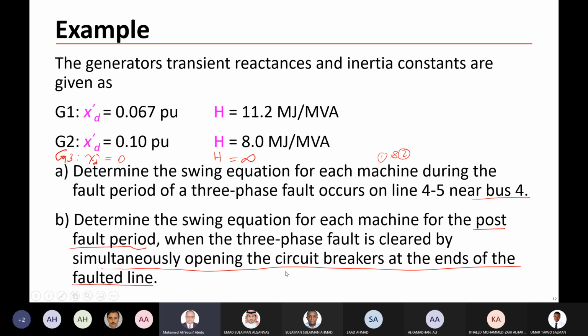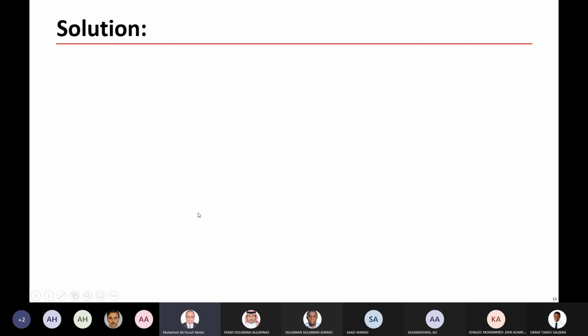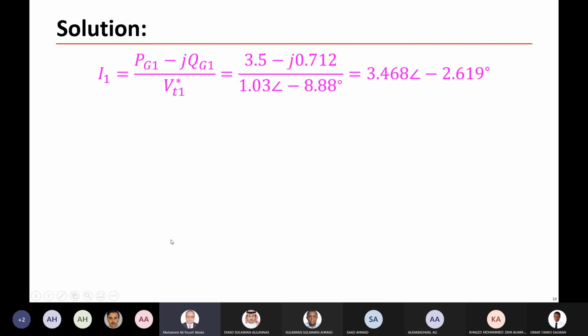So you have to, from the load flow Y bus matrix, remove the line, and then you have to reduce, and then you have to add XD prime of the machine, and then you have the Y bus post fault condition. So we can also write the swing equation on post fault conditions.